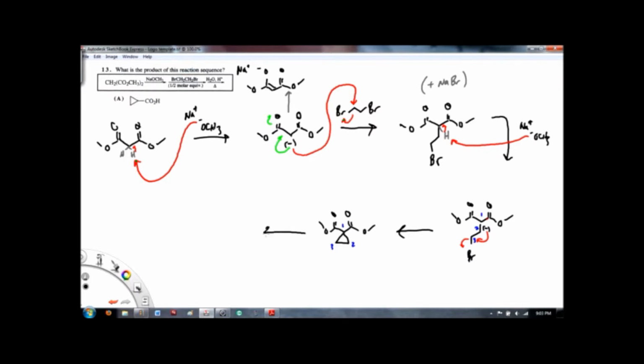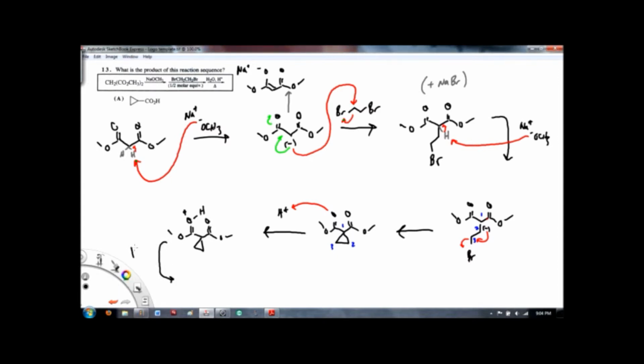Now to finish this off, so we're at this stage, now we're going to treat this with acid and water. And what happens here is, first we're going to have an acid source, and the lone pairs on here can grab that. And this is just one of these, so we can get here H plus. We still have our three-membered ring.